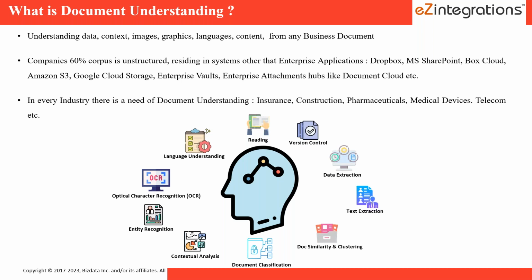If I take a very simple example, if I want to extract information from a driving license, I will try to extract the first name, last name, where the driving license was issued, the country name, and my expertise level for that particular vehicle, whether it's a simple vehicle or a heavy vehicle. If I want to extract this data manually, it is a very tedious process. Document understanding is about how, with software, programming, or AI technology, I can extract it smartly.